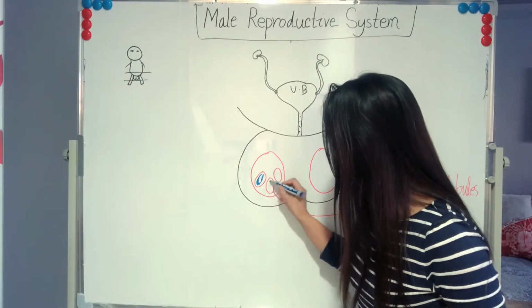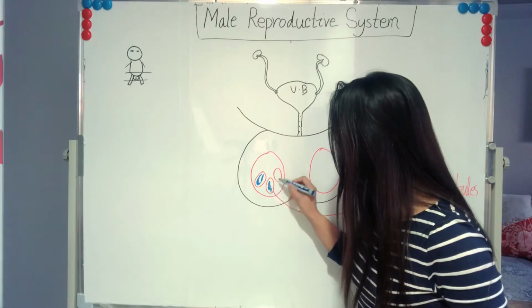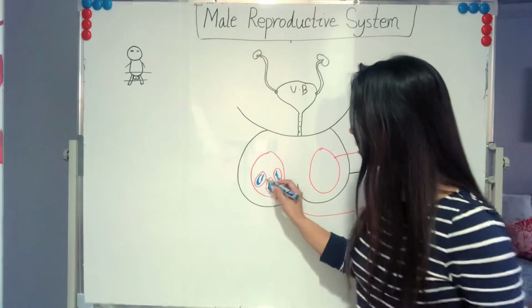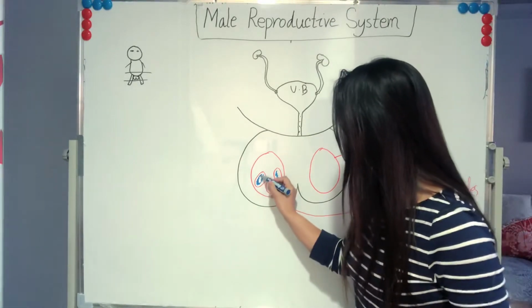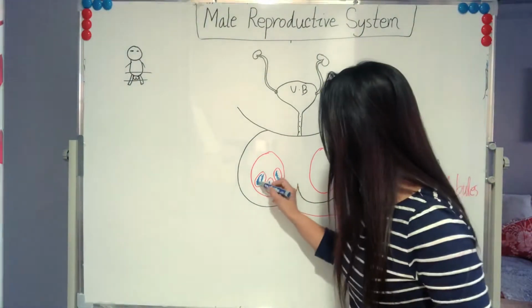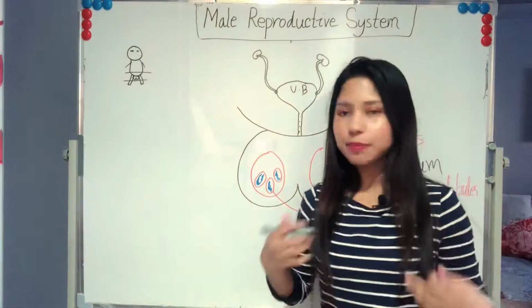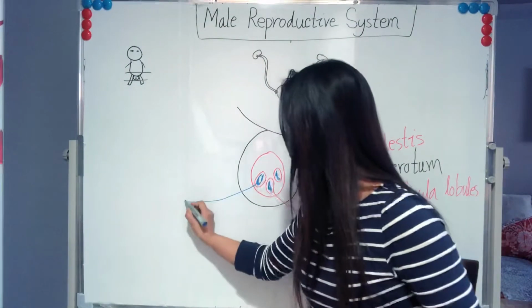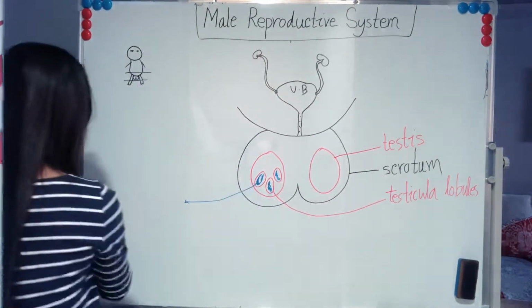Okay, now inside the testicular lobules some tubules are present like this. These are seminiferous tubules. These seminiferous tubules produce sperm.